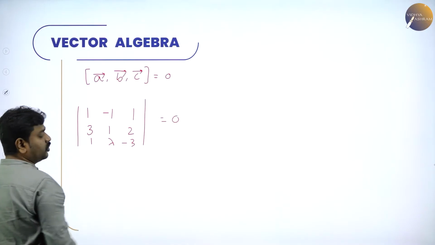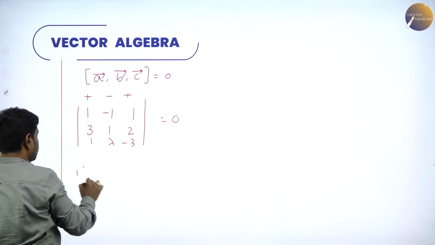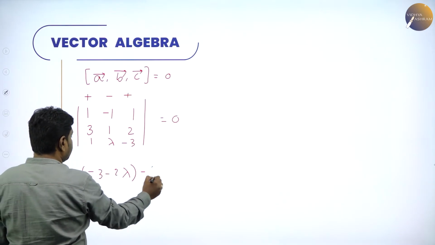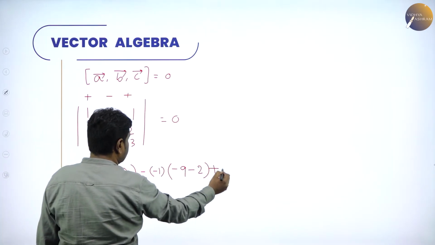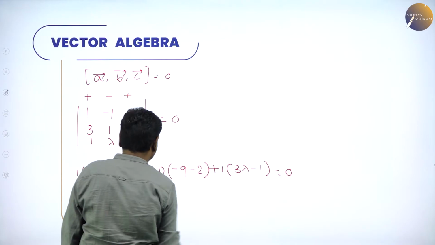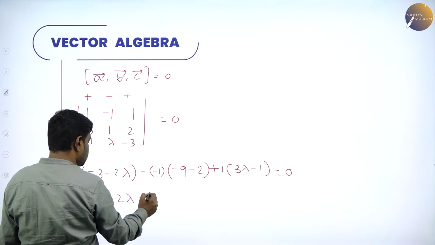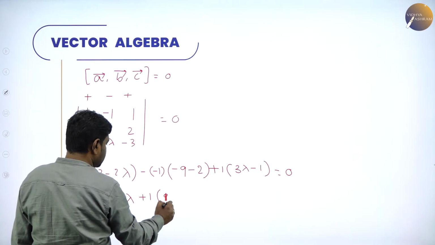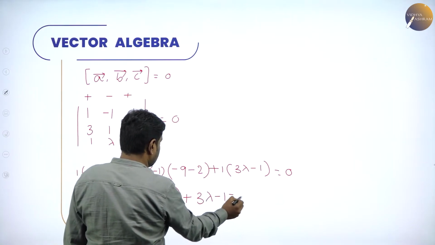Now expand this. You know how to expand a 3 by 3 determinant, with signs plus, minus, plus. 1 into (1 into minus 3 is minus 3, minus lambda into 2 is 2 lambda), minus of minus 1 into (3 into minus 3 is minus 9, minus 2), plus 1 into (3 into lambda is 3 lambda, minus 1), equal to 0. So 1 into minus 3 minus 2 lambda, plus 1 into minus 11, plus 3 lambda minus 1, equal to 0.